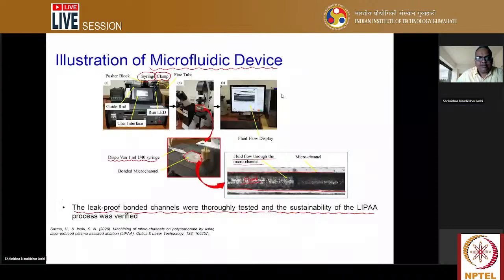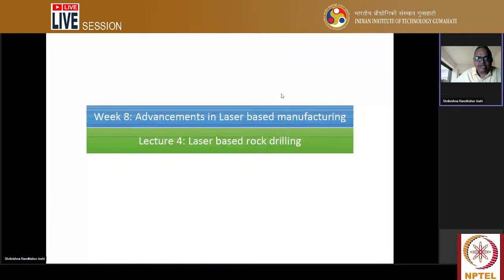Then in the last but one lecture, we have seen another important application of laser for rock drilling. Mechanical rock drilling is very time consuming, very tedious, and there are health hazards in terms of noise or pollution.